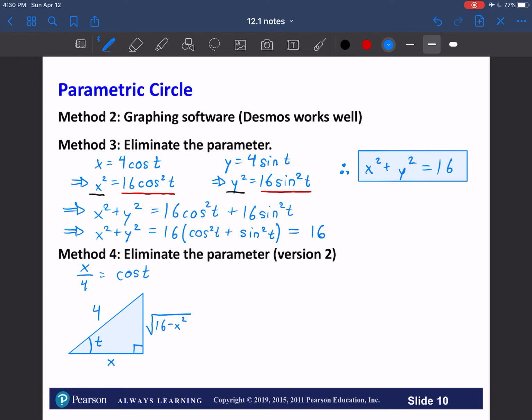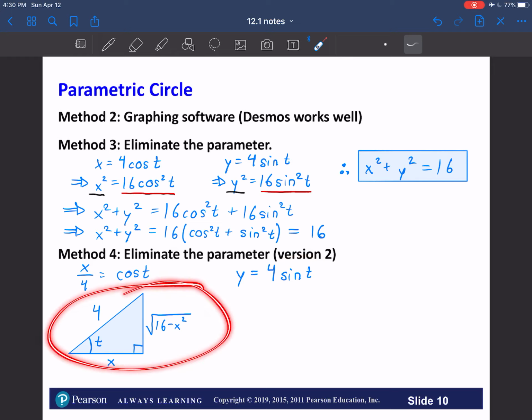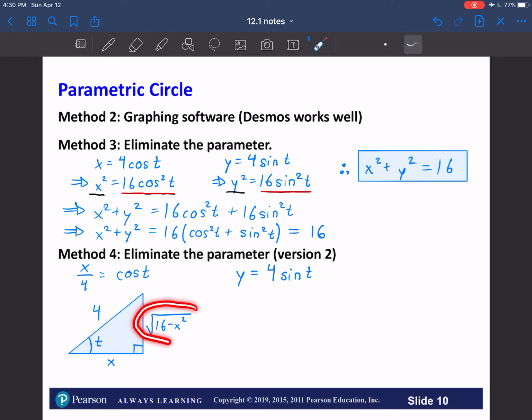We had the y equation, y equals 4 sine of t, and now suddenly we know how to replace sine of t using this triangle. In particular, the sine of this angle t is the opposite over the hypotenuse.